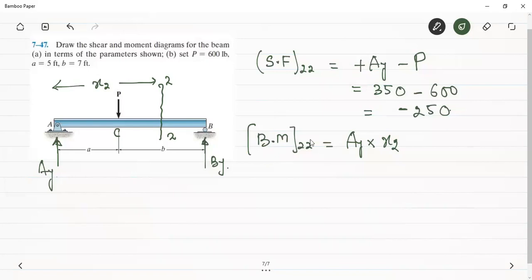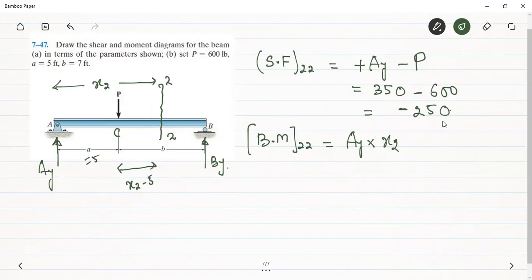So Ay into X2. What is the distance between P and this section? It will be X2 minus 5. This is X2, this is 5. So this distance will be X2 minus 5.